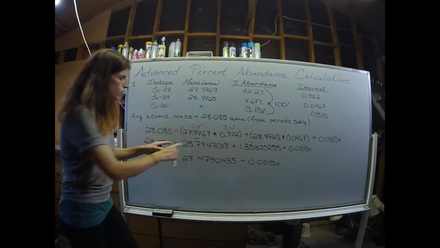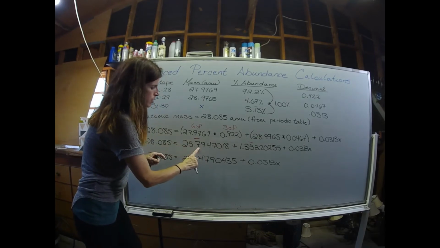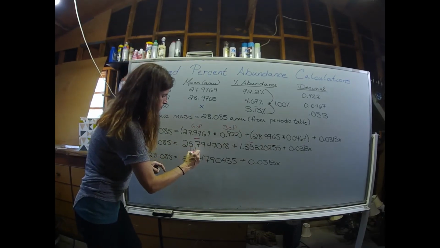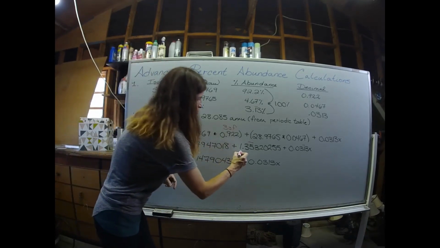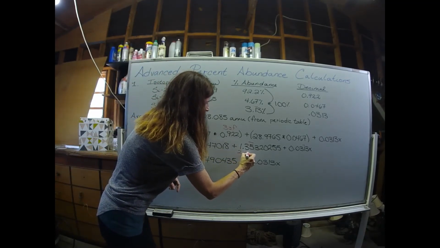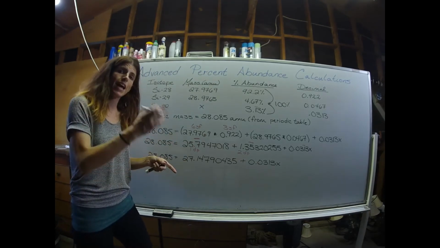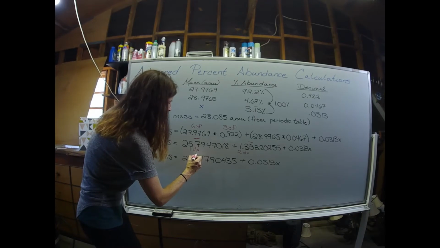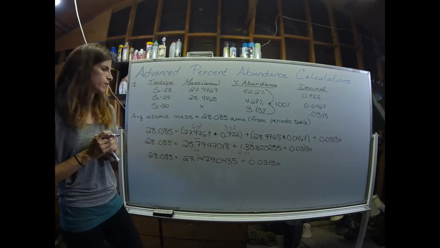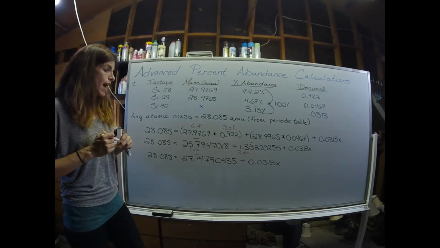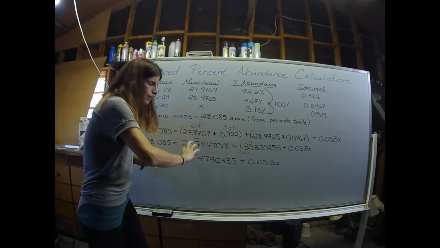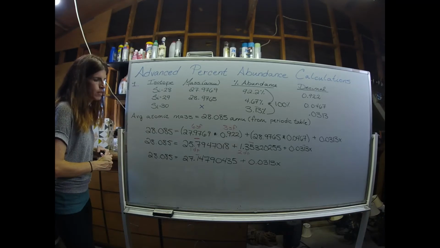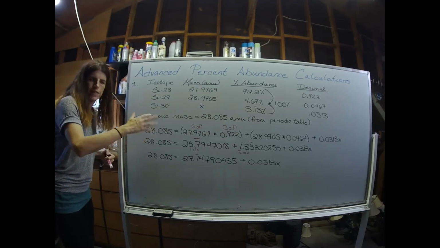Now, when I go to add these two values, I'm looking at something that has 1 decimal place, and this has 2 decimal places. Since they're being added, I need to cut down to the lower number of decimal places. So I'm going to put a bar on top of that value right there. At this point, I still need to combine like terms by bringing the 27.1479 value over.